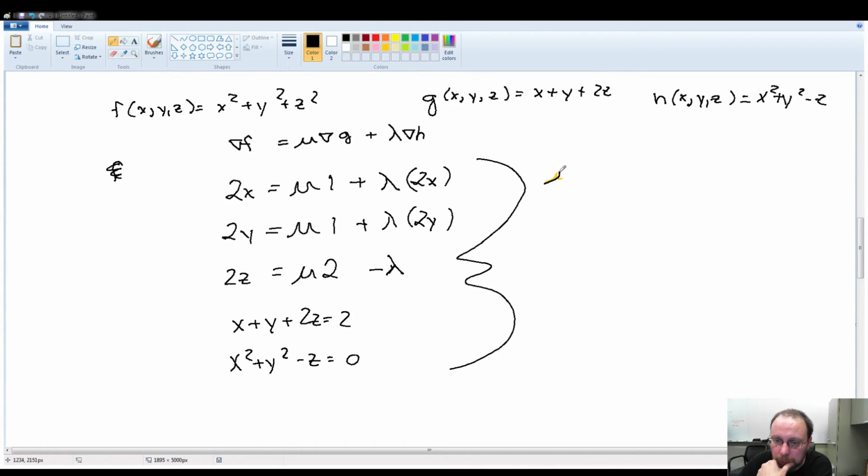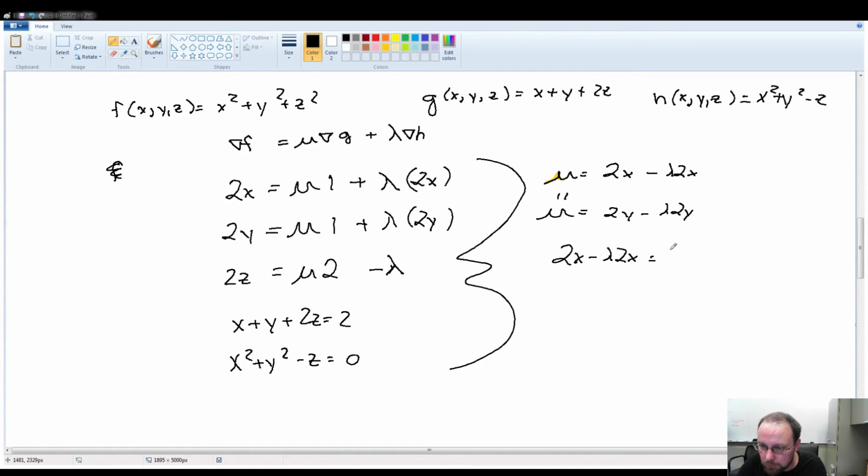So if I solve for mu, in the first equation I get mu equals 2x minus lambda times 2x, and in the second equation I get mu equals 2y minus lambda 2y. Okay, and since mu equals mu, this tells me that 2x minus lambda 2x is the same as 2y minus lambda 2y.